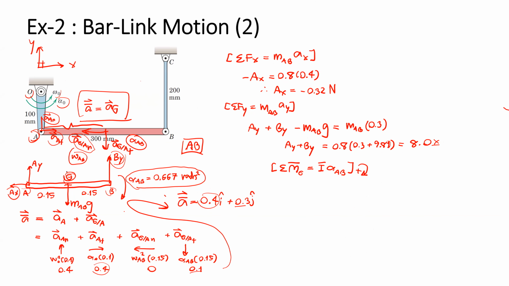The point G should be in the middle of the length. So the summation of moment, clockwise positive: AY times 0.15, positive moment. BY times 0.15 negative. Why negative? Because it creates counterclockwise.